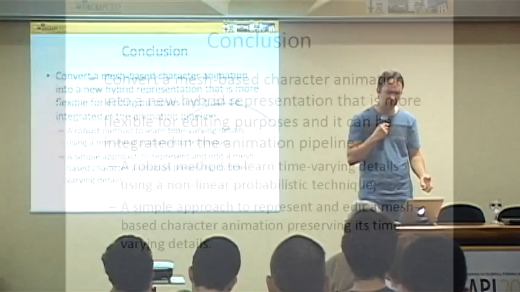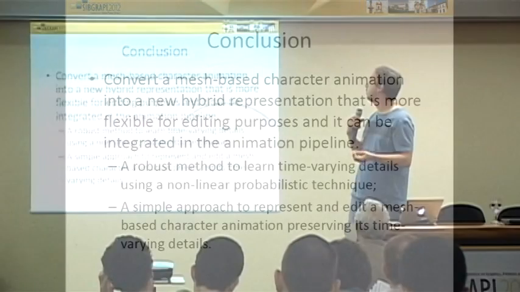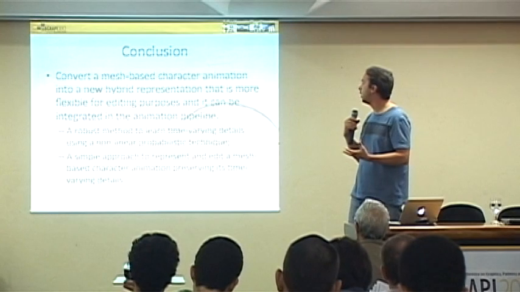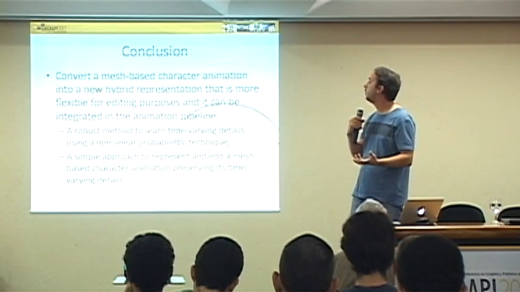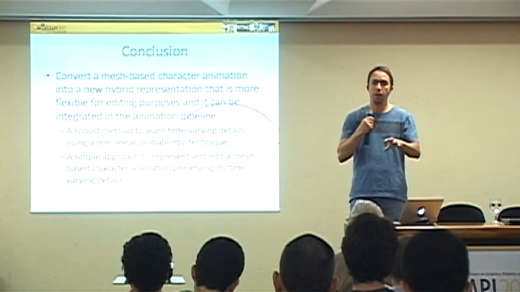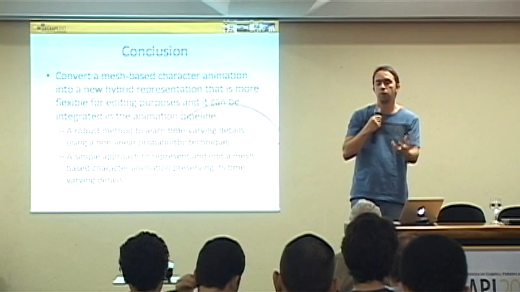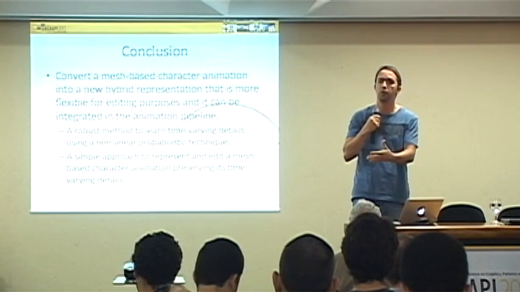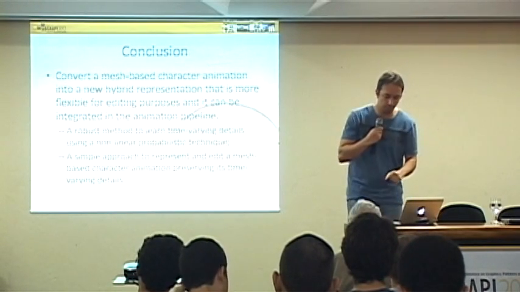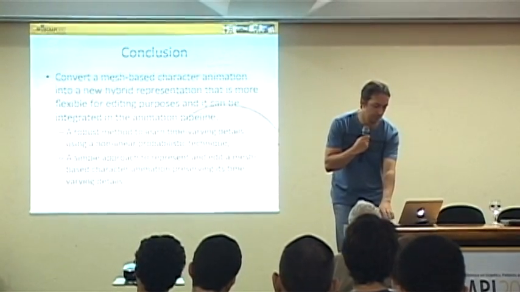To conclude, this is one of the new approaches to try to solve this problem, which is to convert a mesh-based character animation into a new hybrid representation that's more flexible for editing and can be integrated into the animation pipeline. The main focus here is how we are able to learn deformations using a nonlinear approach and integrate it into what animators are used to having.